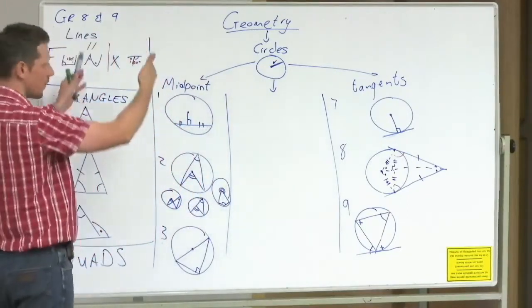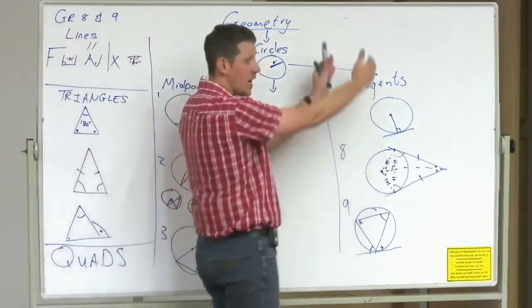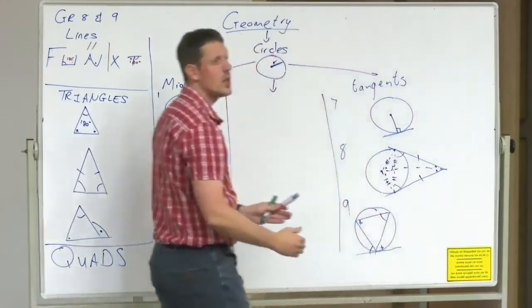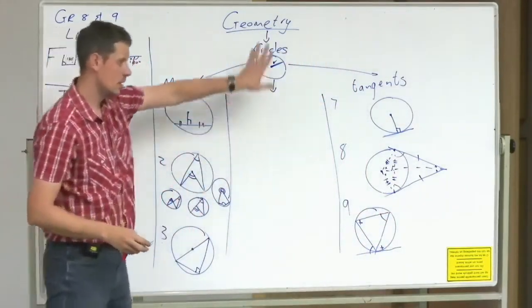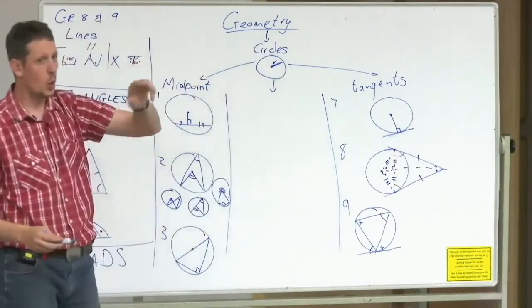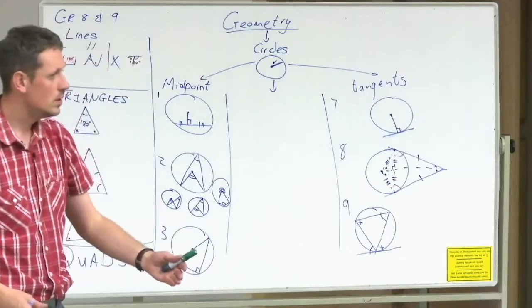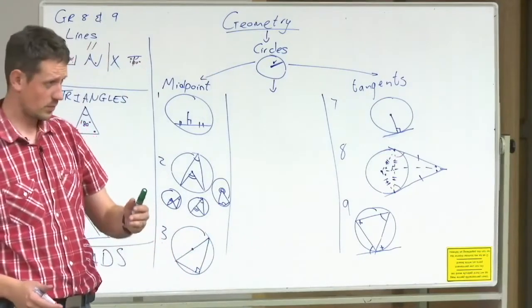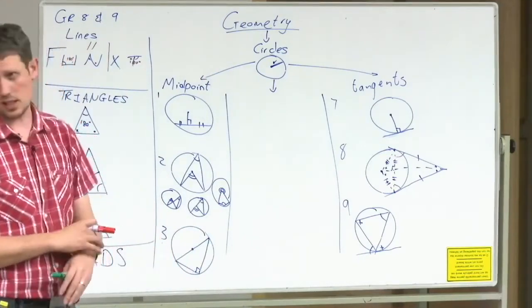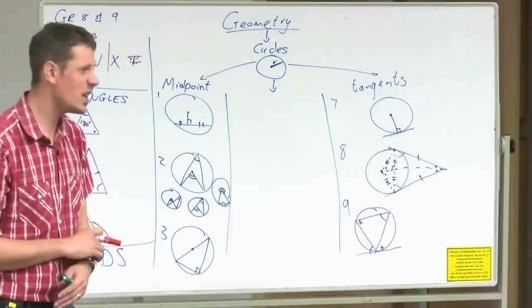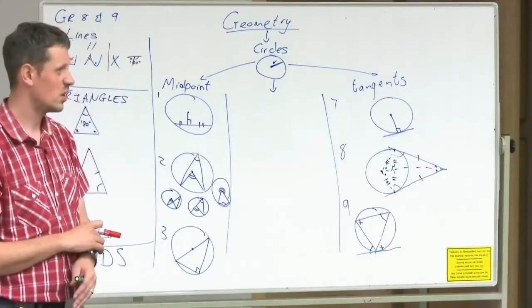Now, after I've looked at midpoints, after that I've looked at tangents, I am going to look at cyclic quads. Why do I look at cyclic quads at the end? Okay. Guys, can I give you the tip? They never tell you there's a cyclic quad.